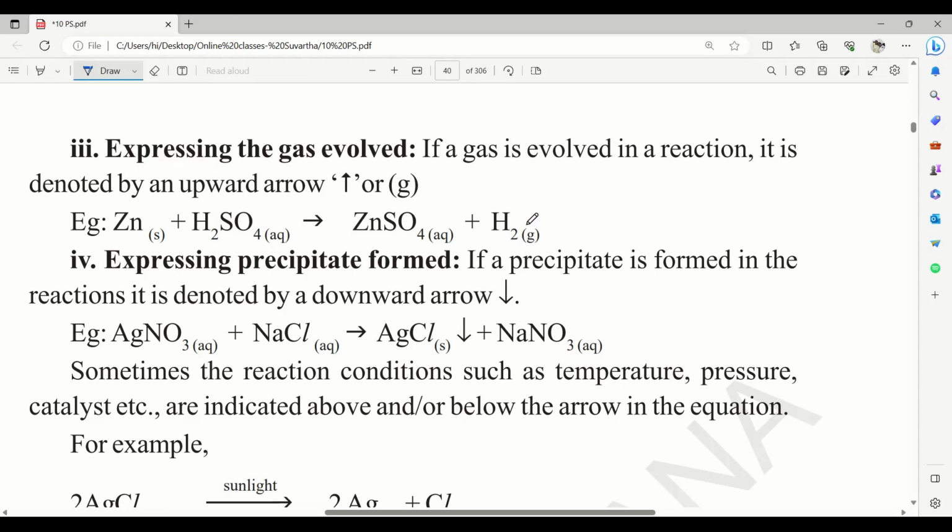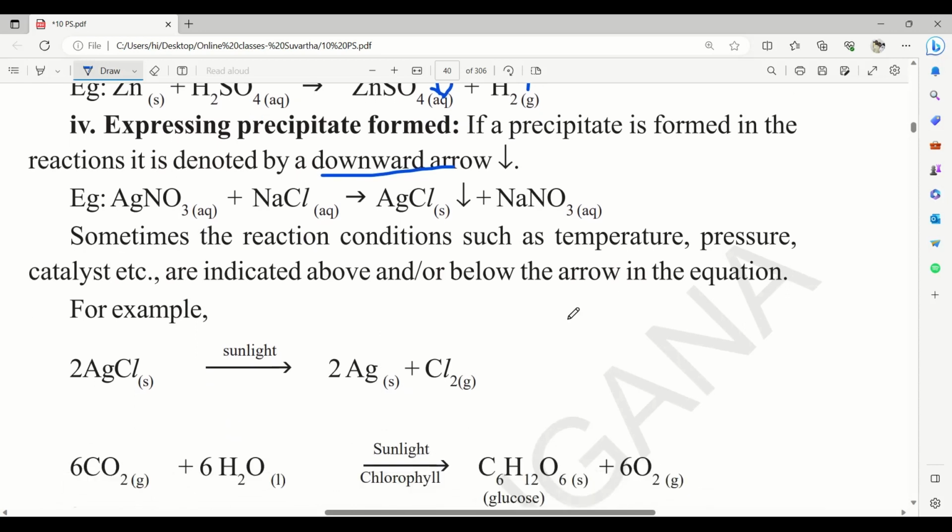So how do we show this hydrogen gas? We will put an upward arrow here. Upward arrow tells that the gas is liberated, or gas is evolved, in a reaction. Now, if a precipitate is formed, how do we show that? With a downward arrow. That means it will get settled down. It is denoted by a downward arrow.